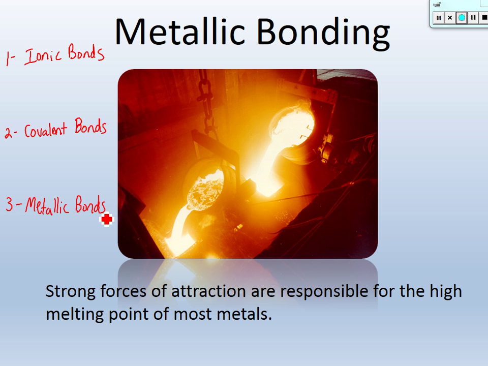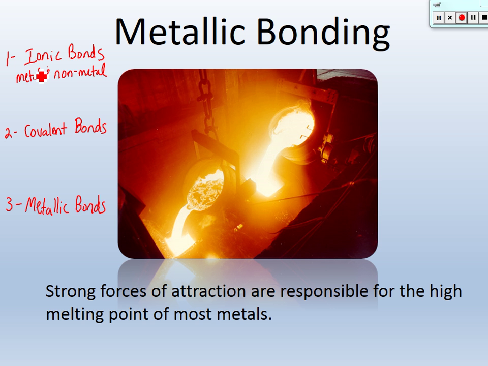I briefly just want to go over the difference between all these different kinds of bonds. In ionic bonds, they occurred, if you remember, between a metal and a nonmetal. I always like to remember it by something with a metal, it's below the staircase, and a nonmetal is above the staircase.